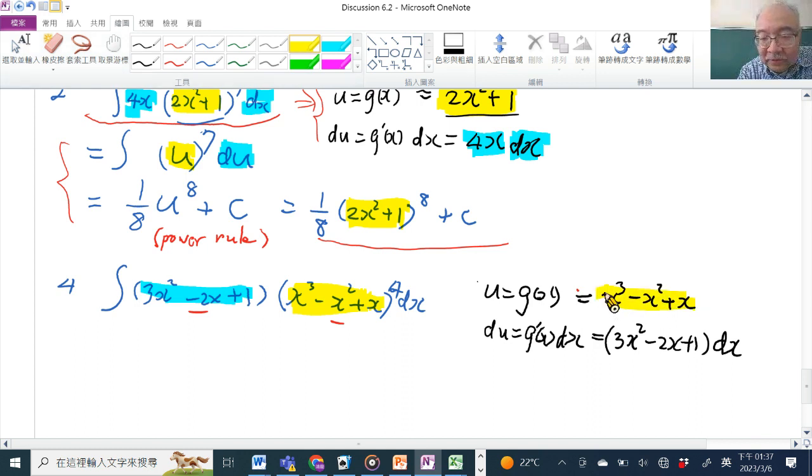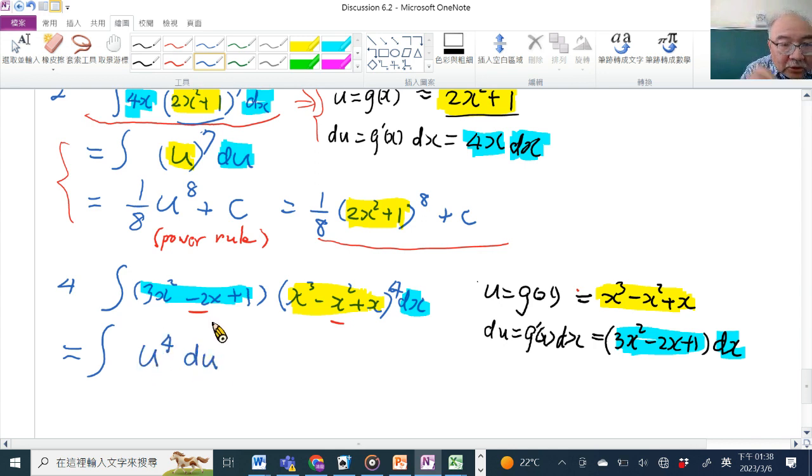This should be our yellow shaded part, and this should be our blue shaded part. Okay, and nothing left. All the terms with the blue shaded part and also the yellow shaded part occupy the whole integration term. So that becomes u to the power 4 du.